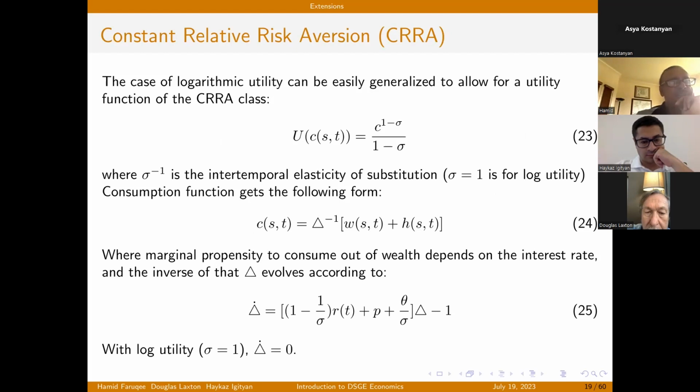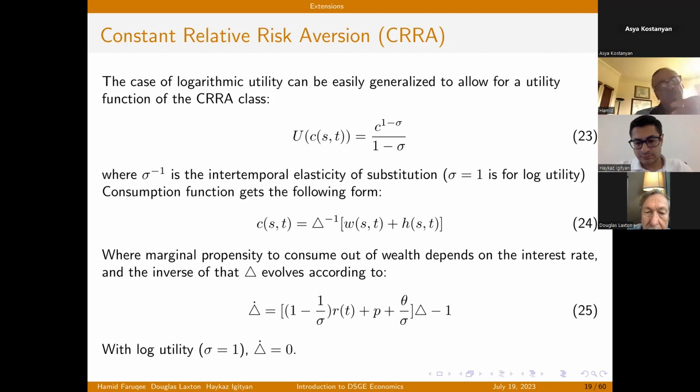We've talked about log utility before. This slide just shows you what the math looks like if you want to move to the case of constant relative risk aversion, or CRA utility. The special case that we've been talking about up until now is where the intertemporal elasticity of substitution, the sigma term, has been 1 in the case of log utility.